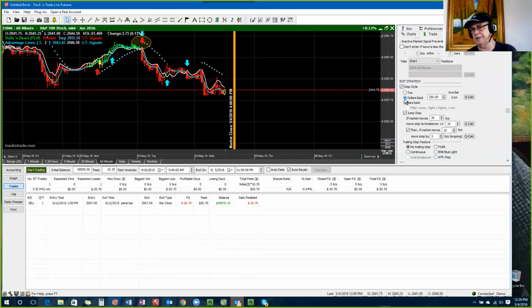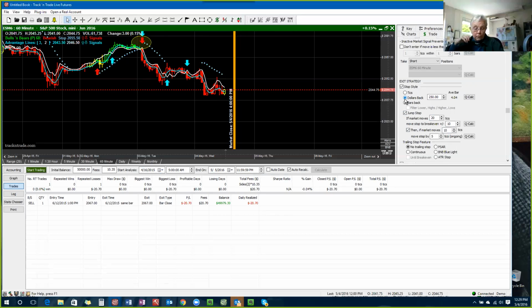Some people have trouble with ticks, especially if you're in something like the bonds, where that's hard to calculate. You can just say, okay, I want to risk $1,000. So that's how you use your jump stops.